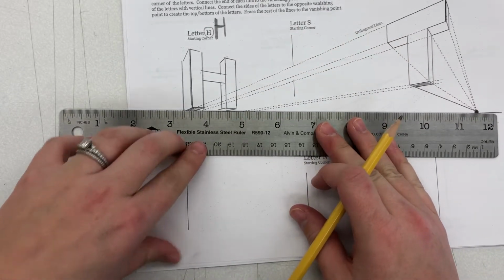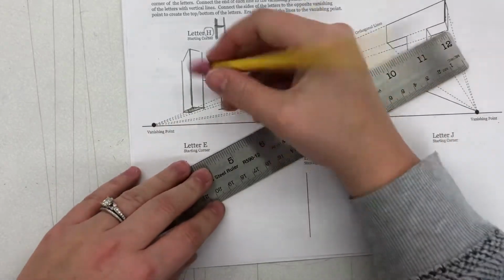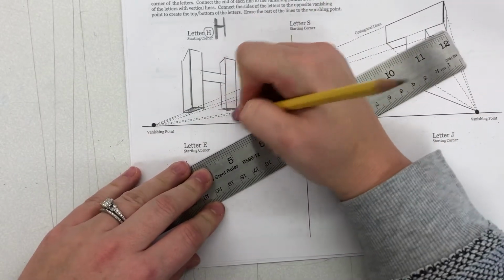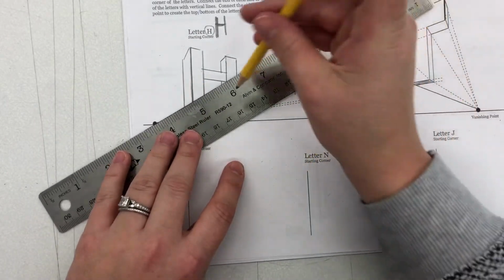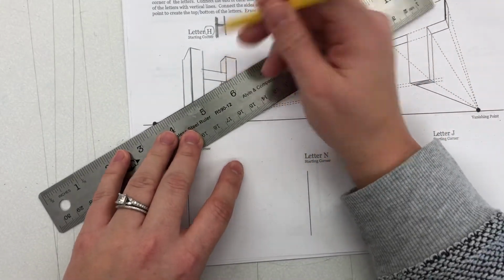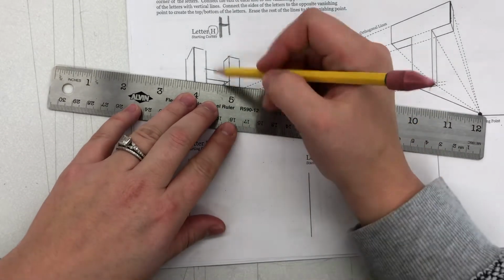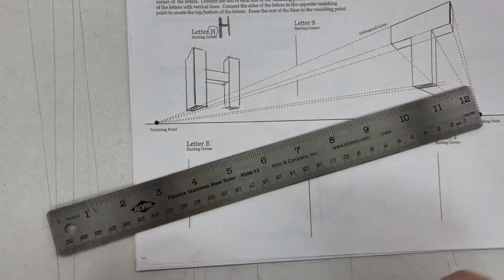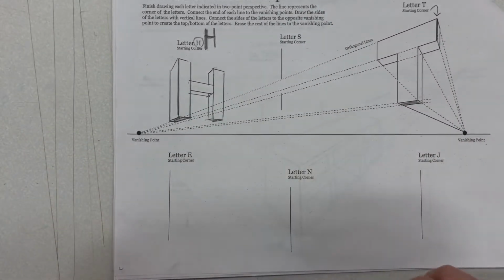Crisscrossing my sides here. Have some extra little lines I'm gonna get rid of. And then up underneath, this is also just like a little prism sitting in the middle here. There we go. Block letter H in perspective.